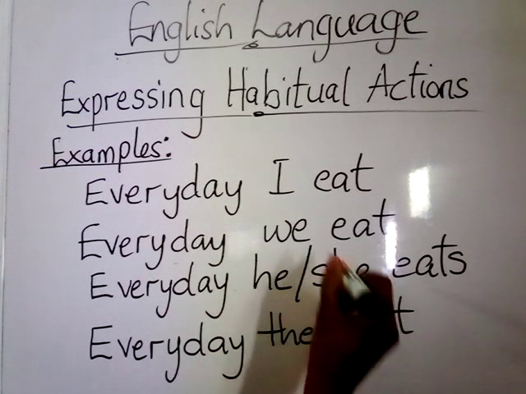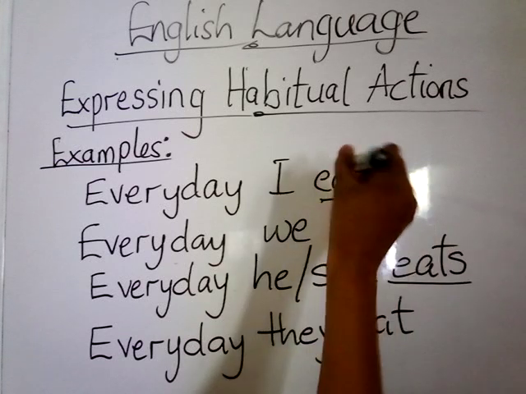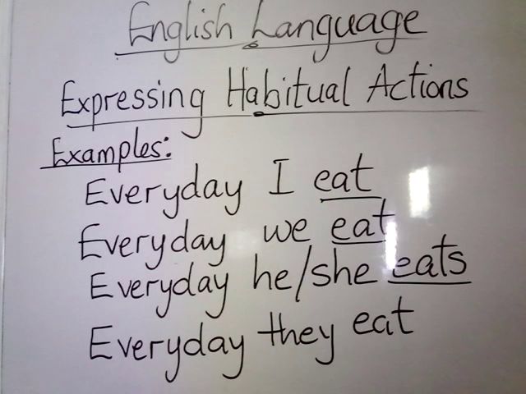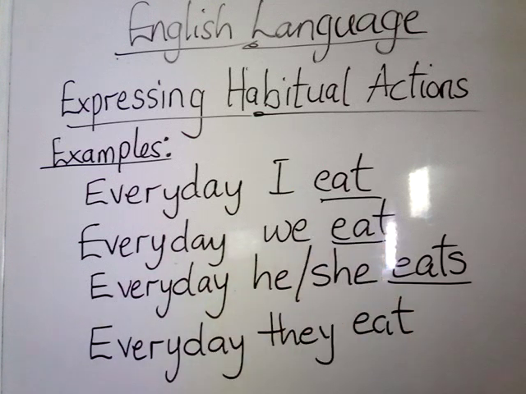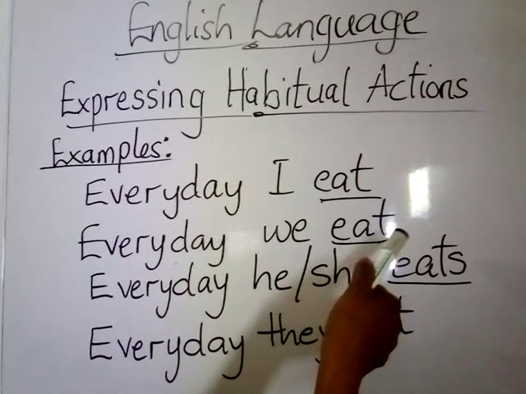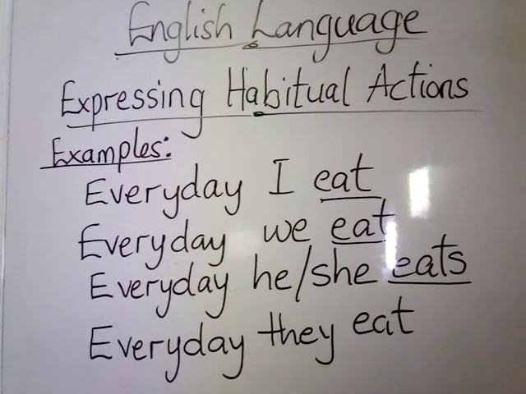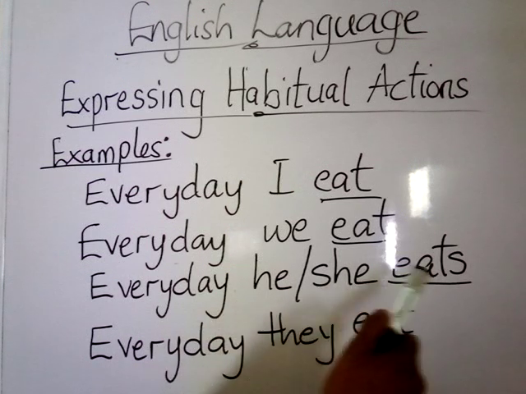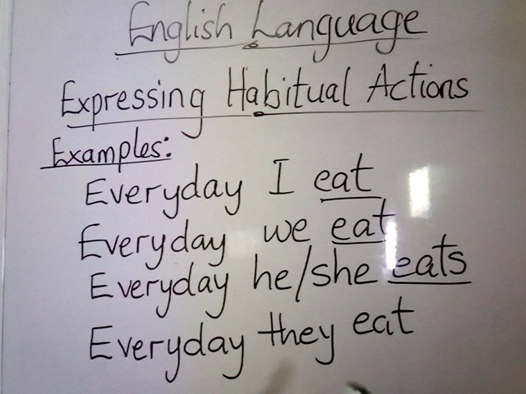Now, I would like you to take notes. If you see the first eat, we did not add s to it. The second eat for we, we did not also add s. But then when you see the third one, every day he or she eats, you can say that we added s here.